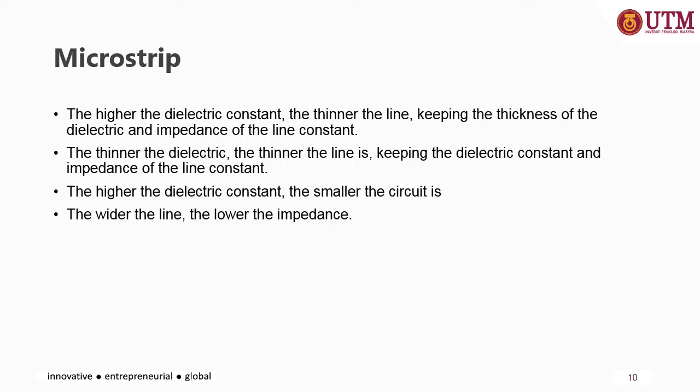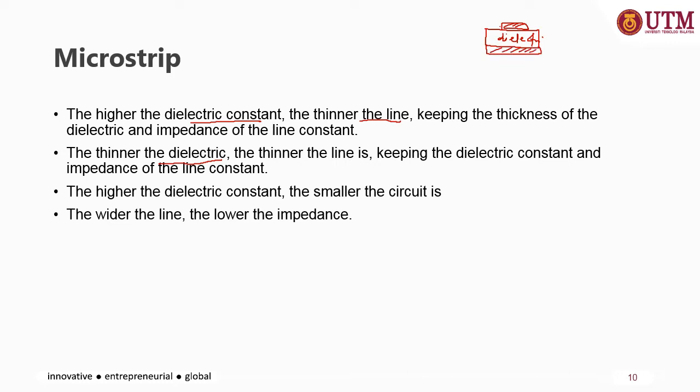Okay, additional information about the microstrip transmission line. The higher the dielectric constant or permittivity, the thinner the microstrip line, keeping the thickness of the dielectric and impedance of the line constant. While the thinner the dielectric structure, okay, so you have the microstrip line, then you have the dielectric, backed with the ground plane.